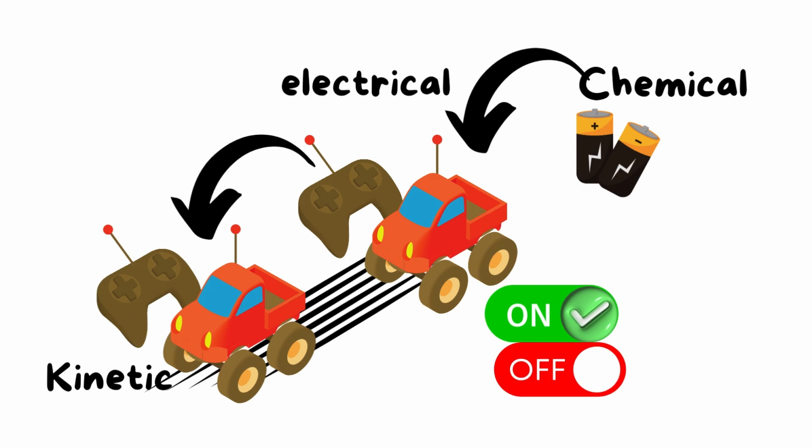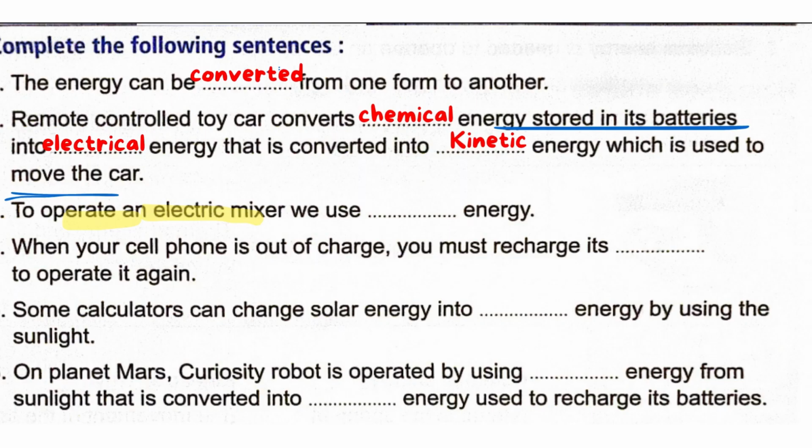Here about the car movement, so it is kinetic energy. Okay, so focus on each part. The sentence here: remote controlled toy car converts chemical energy stored in its batteries into electrical energy that is converted into kinetic energy, which is used to move the car.